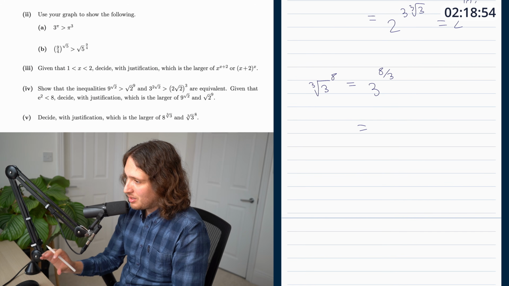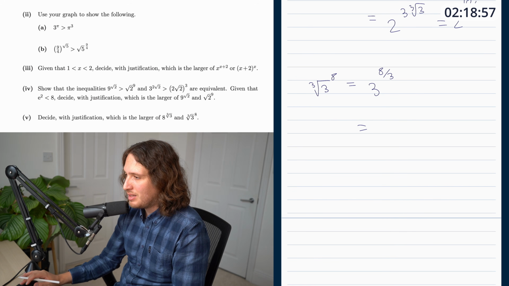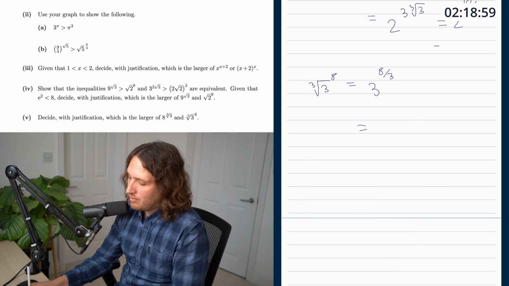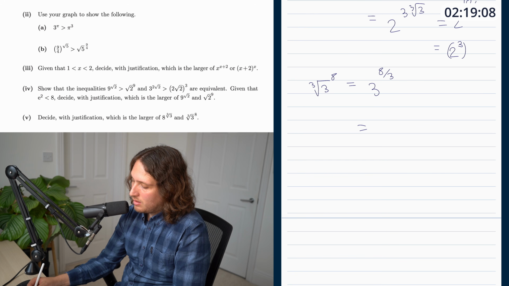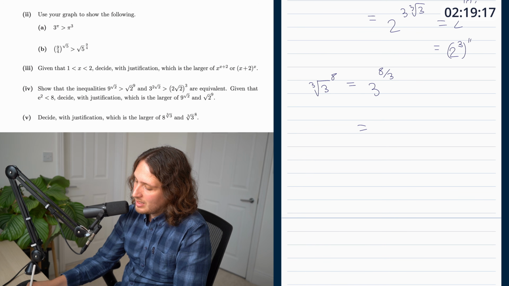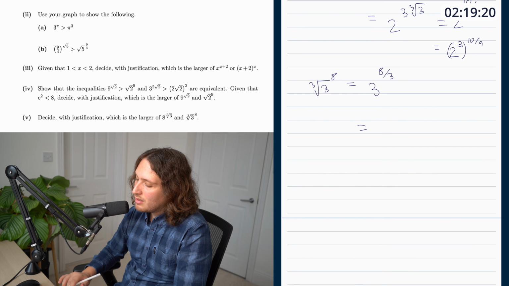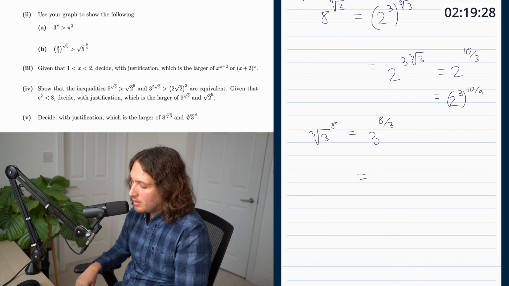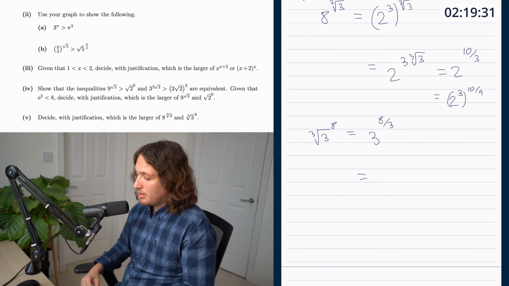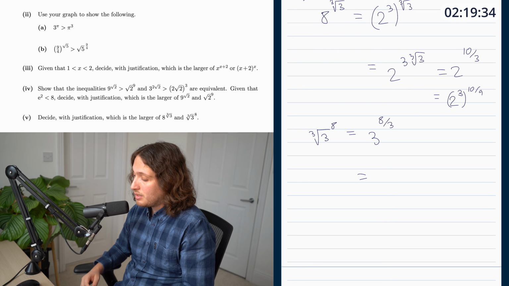Well, I have an 8, which is a 2 cubed. That's kind of got to be the root in. So what if I write that as 2 cubed to the... But it would have to be to the 10/9, which I really don't like. Have I just messed up my exponent rules? 8 is 2 cubed. That's being multiplied by a cube root of 3. That's 9 plus so 3 plus a third, which is 10 thirds.